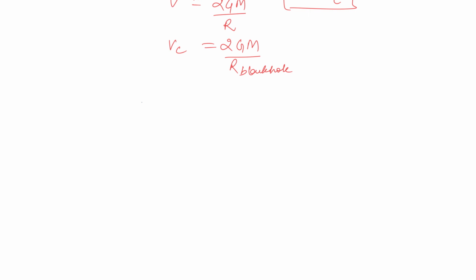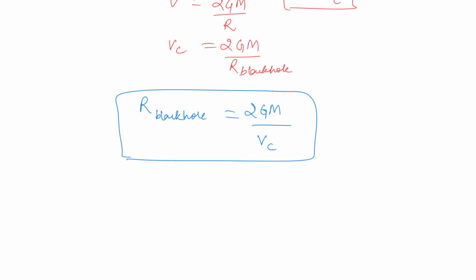It will be 2GM upon c², the velocity of light squared. By putting the mass of different planets or stars, since stars become black holes, there are certain conditions when a star can become a black hole.